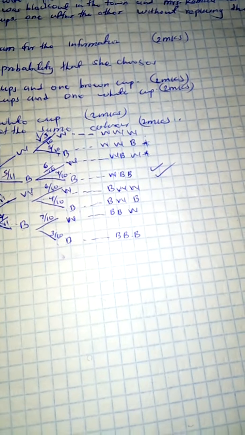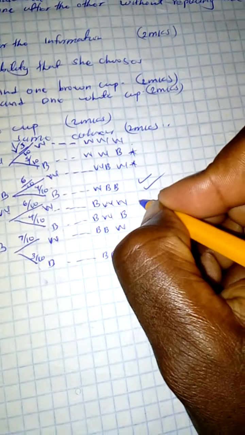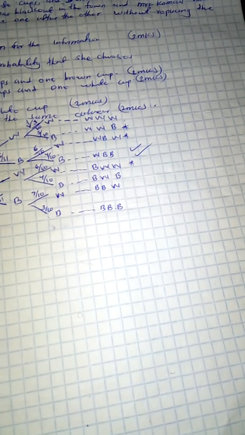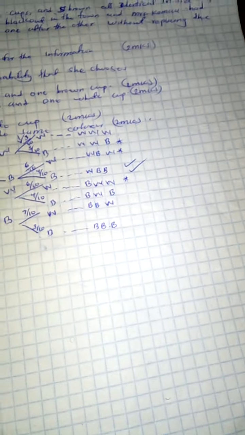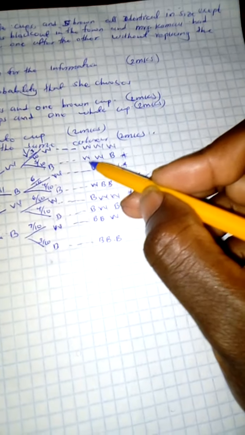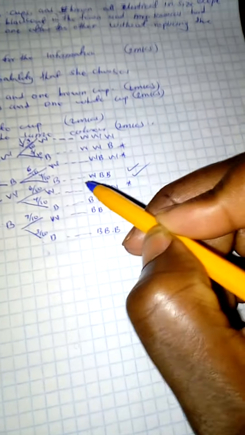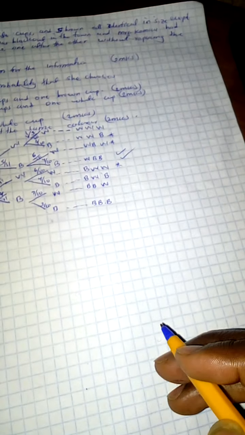WBW, that is 2 white caps and 1 brown. BWW, that is 2 white caps and 1 brown. Now I have the 3 outcomes there: white, white, brown; white, brown, white; and brown, white, white.